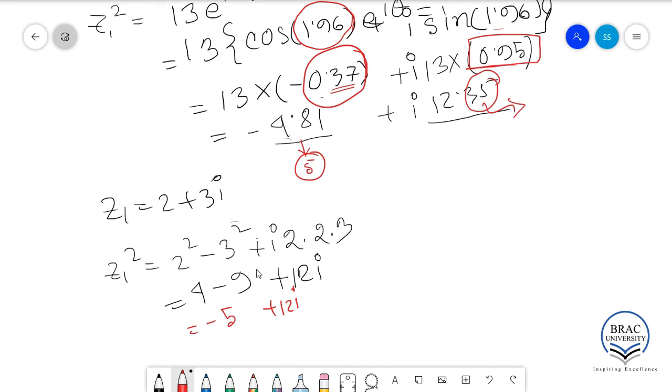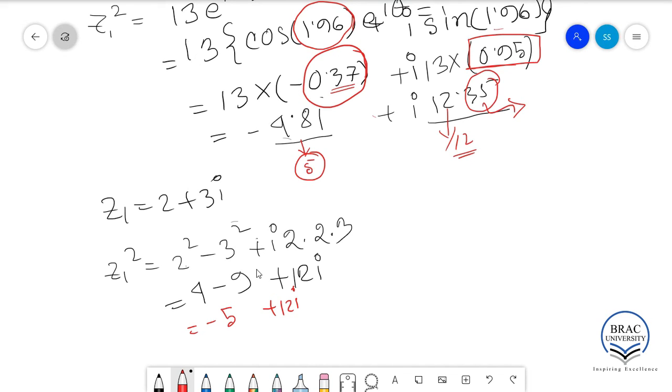That is, all the digits that come from sine 1.96 will contribute in such a way that this will become 12. So this is another important thing to notice, because when you are doing numerical evaluation, how many places you take after the decimal point will give you the accuracy limit.